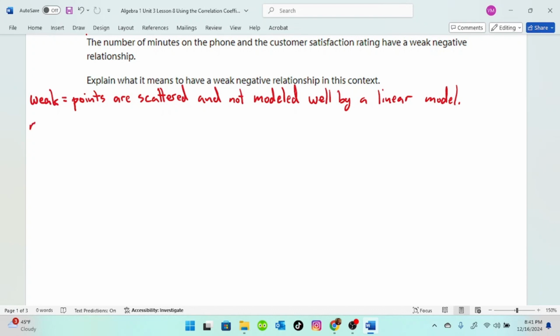Then we have negative. And a negative relationship means as X increases, Y decreases.